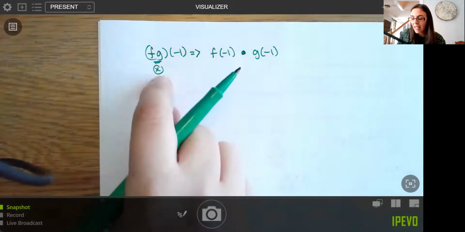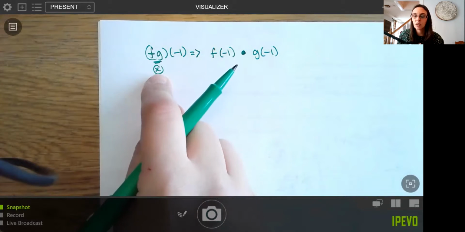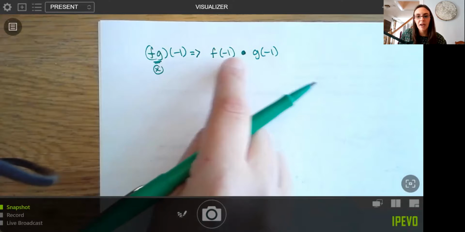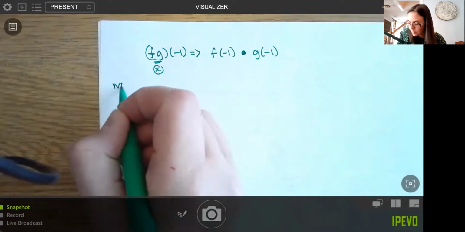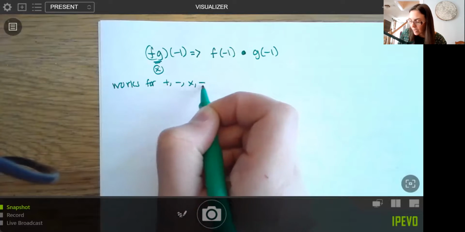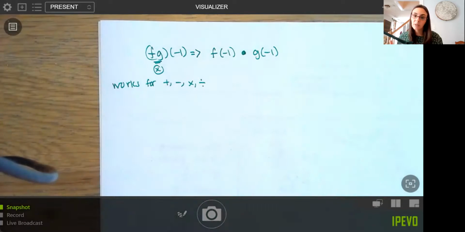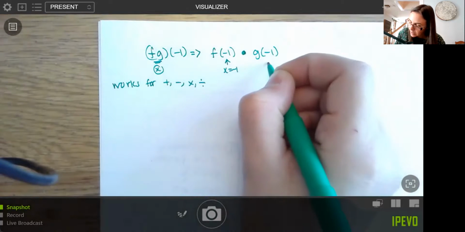And that works for any operation, whether you have addition, subtraction, multiplication, or division. You could always individually find those values first. Remember here that this means that your x value is -1 in each case.